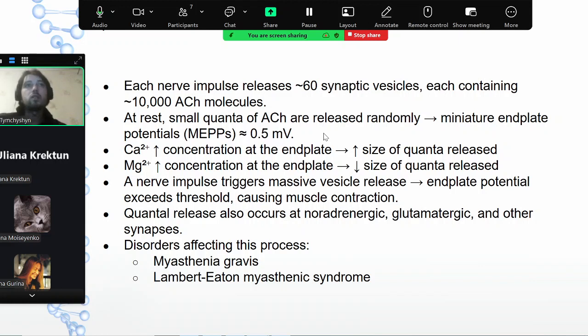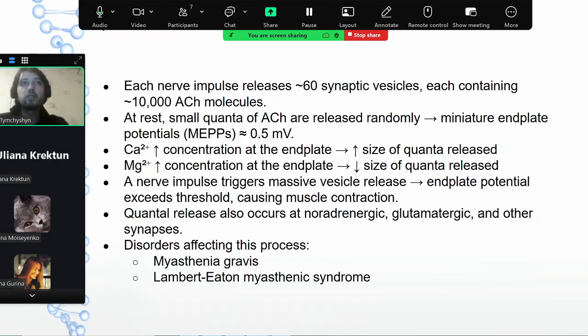And I have already told you that if we have any receptor anywhere on the cell, there is always some probability, let it be very, very small, that this receptor will be activated on its own, without any chemicals around. It will just fire because of randomness. So it's pretty okay that small quanta are released here and there.